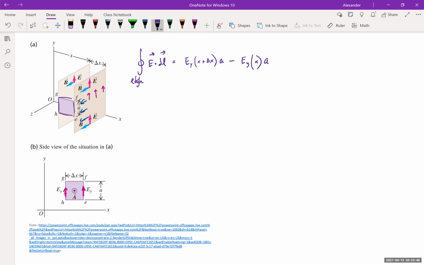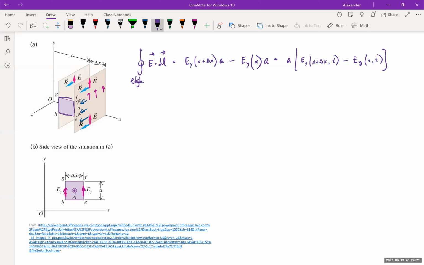So we could, if we wanted to, factor out the A. And yeah, these fields might be functions of time. I guess, but as long as we evaluate at the same time, we're good.